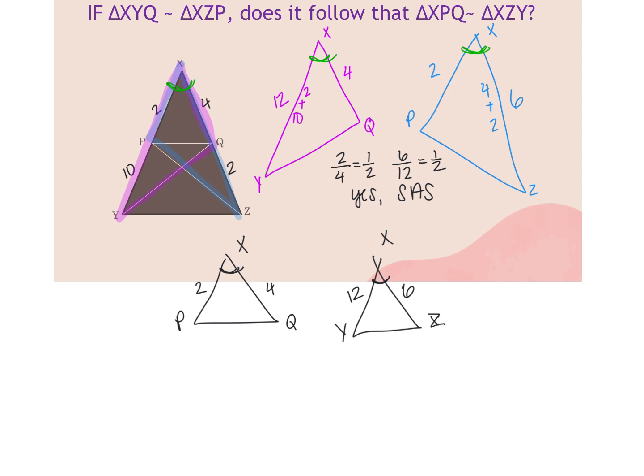It's the same thing we did before. 12 over 4 and 6 over 2. What's 12 over 4? Good, 3 as a whole. And the same thing over here is 3. So yes, are they proportional? Yeah. By side, angle, side.